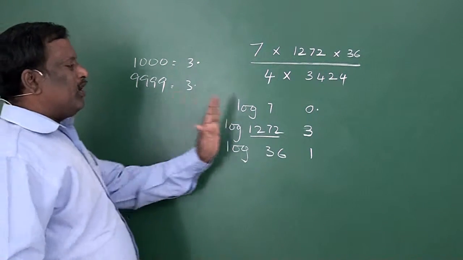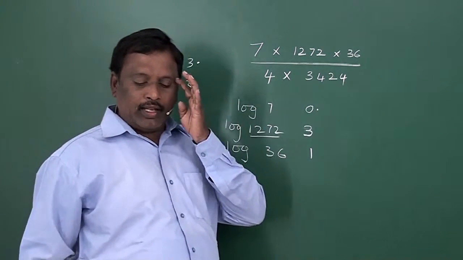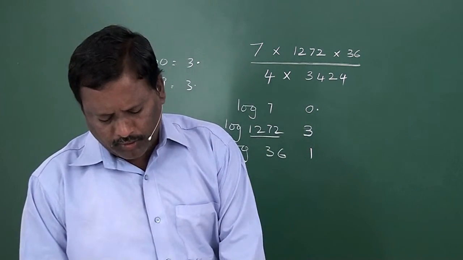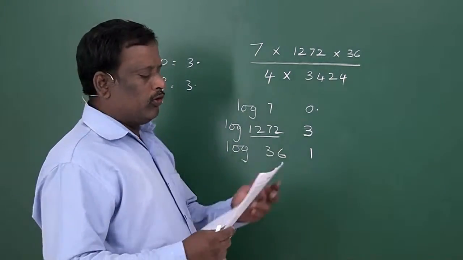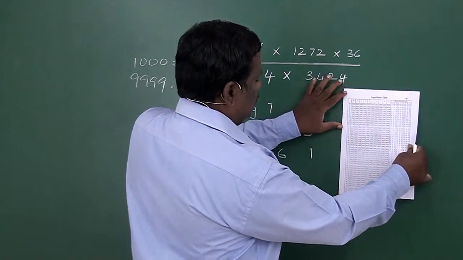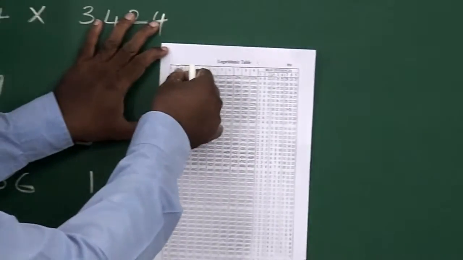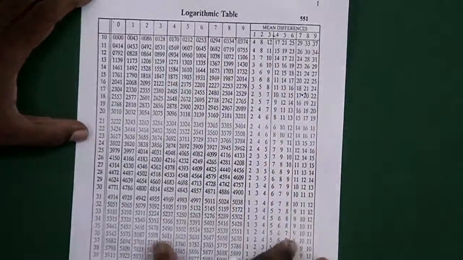Then the mantissa value will depend upon the value of the numbers. In the logarithmic tables, which you have already gone through, just go through your book. In the logarithmic tables, if you observe, the vertical column starts from 10, 11, 12, 13, 14, 15 up to 99.